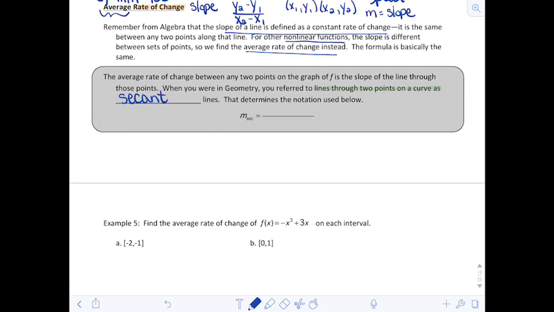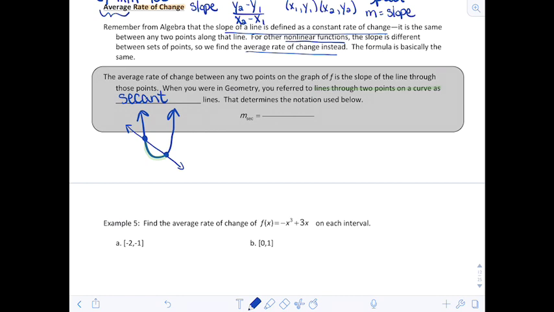And that was the line that may look like this. If we had a parabola, we had 2 points on that curve, and we can see that it decreases and then increases again. So there's definitely not a constant change, but to average it out, we're going to draw what we call a secant line.